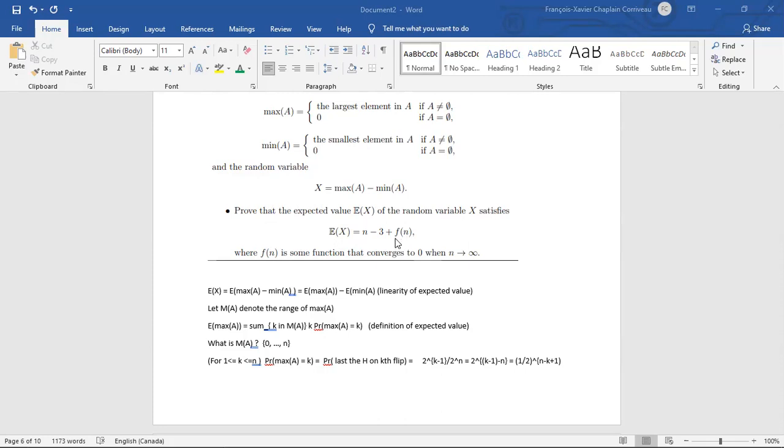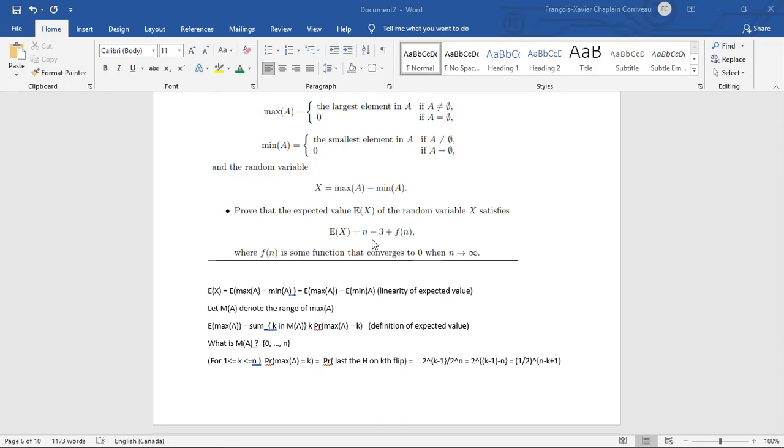So why is this question important and why am I highlighting it? Because if you think about the expected value that you get, it's essentially something of order n.